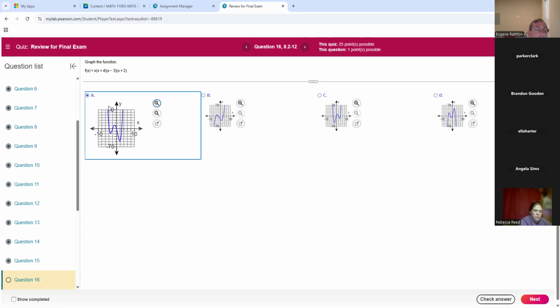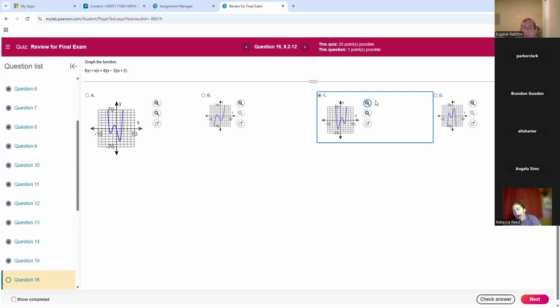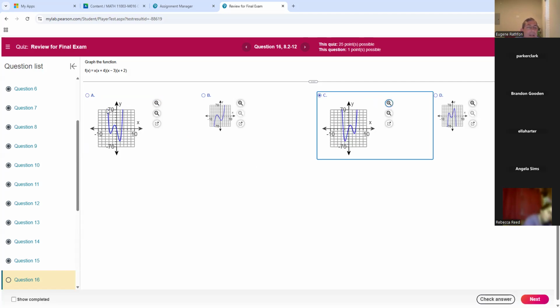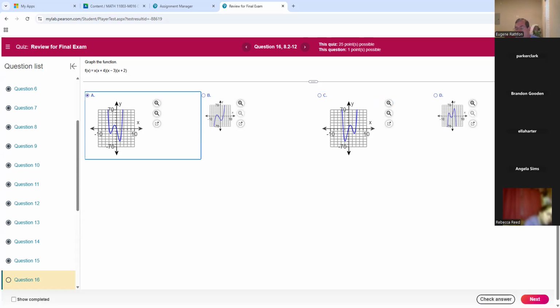Look at that. If you pull that up, that looks exactly like our graph. So yeah, we're going to go with A on that one and move on. It either had to be A or C, but C has that little hump on the right side of the y-axis, okay? So let me show you that one. See, that's got the little hump to the right side. We needed it on the left. So we're going to pick A and move on.